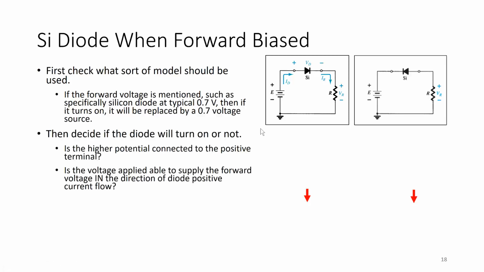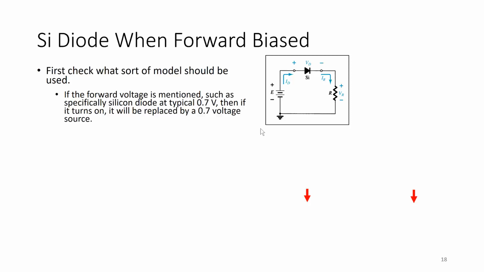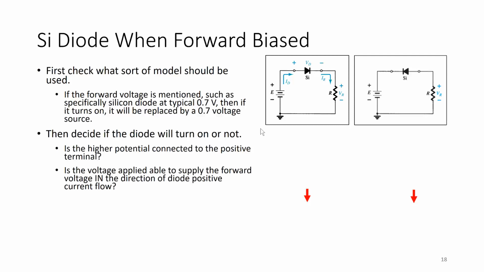Now, once you know what kind of diode you're handling and what the forward voltage should be, next decide if the diode will turn on or not. How do we know whether it's turned on or not? Whether it's forward biased or not, and if the forward bias voltage is enough to supply the forward voltage in the direction of the diode's positive current flow. So is the higher potential connected to the positive terminal?